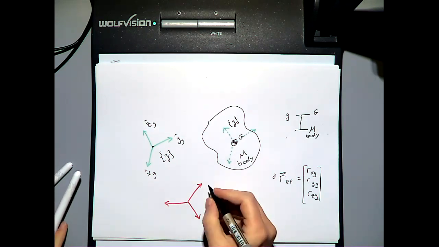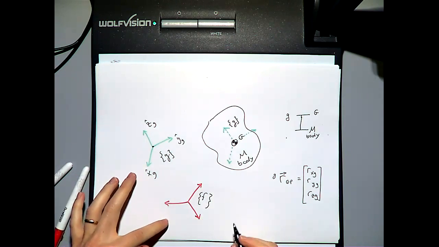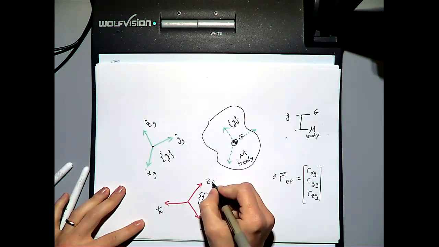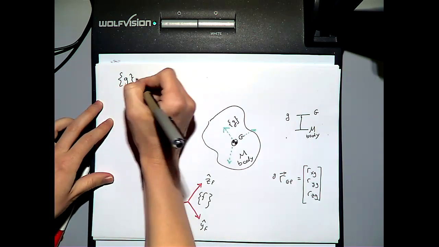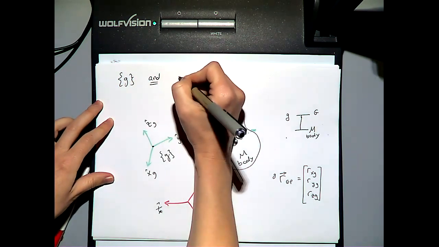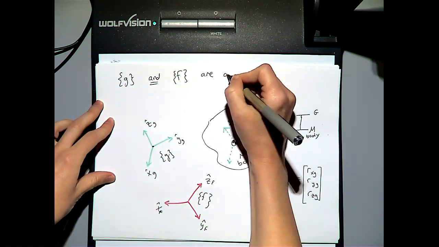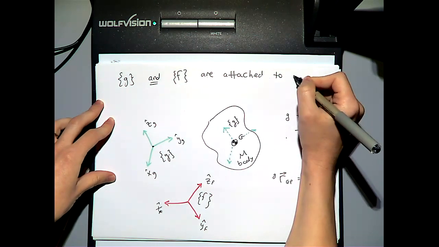Let's say this will be F. Now both of them, xF, yF, zF, G and F are attached to the rigid body M.